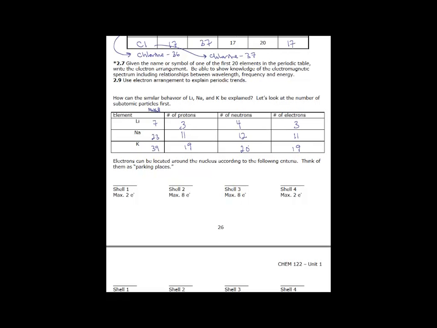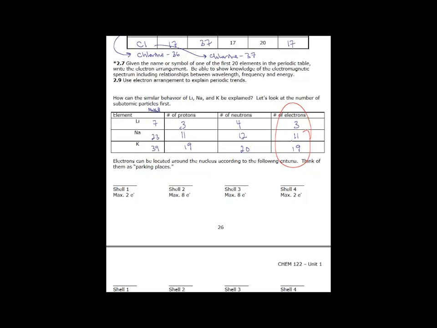So that's not quite it. But it has something to do with the electrons. All of these electrons are different. So we have different numbers of electrons in all of these elements, yet they're in the same group.